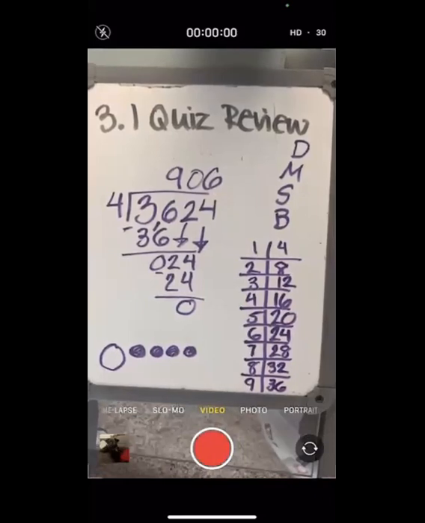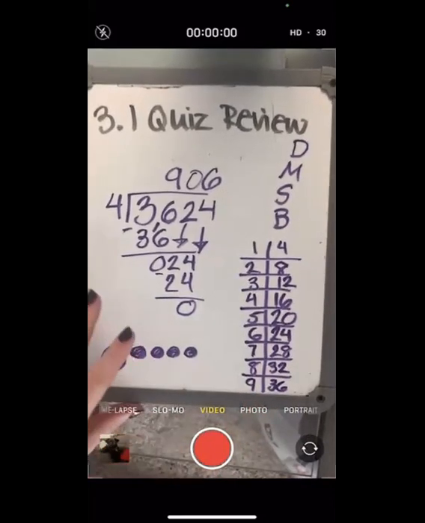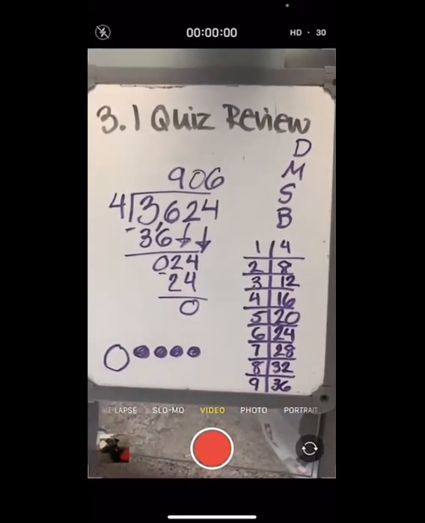How do you guys feel? You just divided a 4-digit number. Do you feel like the ratio table helped? Anyone? Yes, no, maybe so? Yes. Yes. Cool. This is by far and away my favorite strategy to add to long division, because I think it helps you guys see how close you can get.